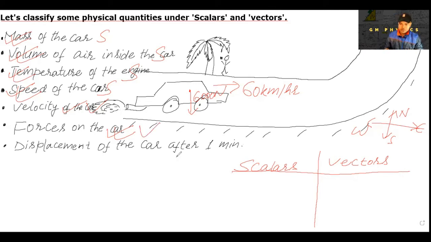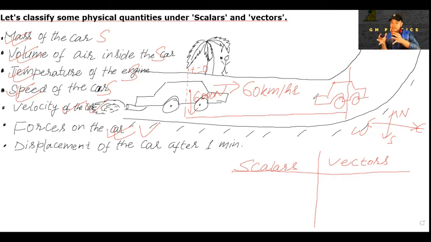Now let's look at the last quantity for this example. Displacement of the car after 1 minute. So assume the car is present here at t equal to 0. And after 1 minute, the car is found to be present at this point. Let's say the car is present here, which is 100 meters away from the initial position. So the car has been displaced by 100 meters in 1 minute. Along which direction? Along east.